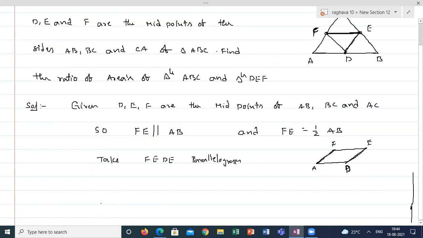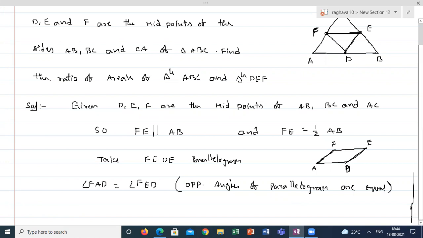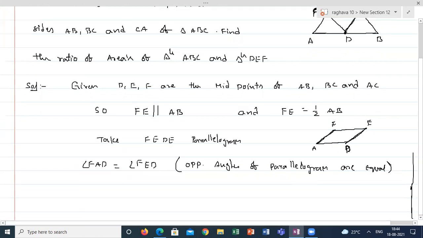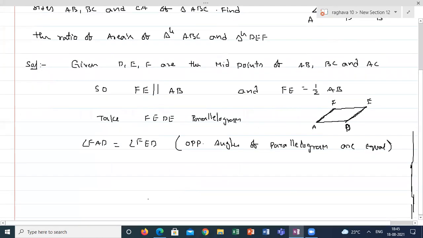So from this, I can say angle FAD is equal to angle FED, opposite angles of a parallelogram are equal. So my aim is to bring the relationship between the triangles DEF and ABC. That's the reason I'm doing all this.